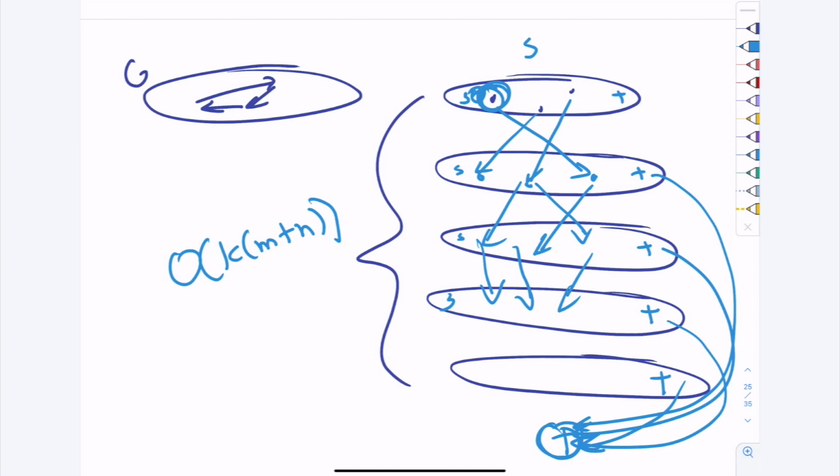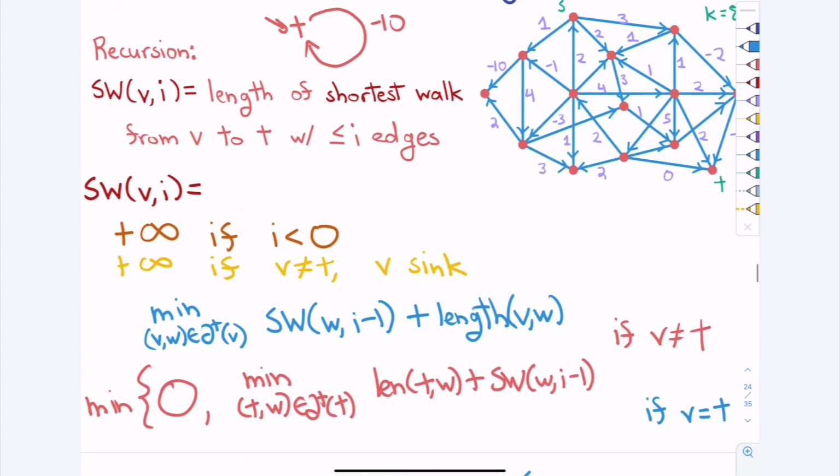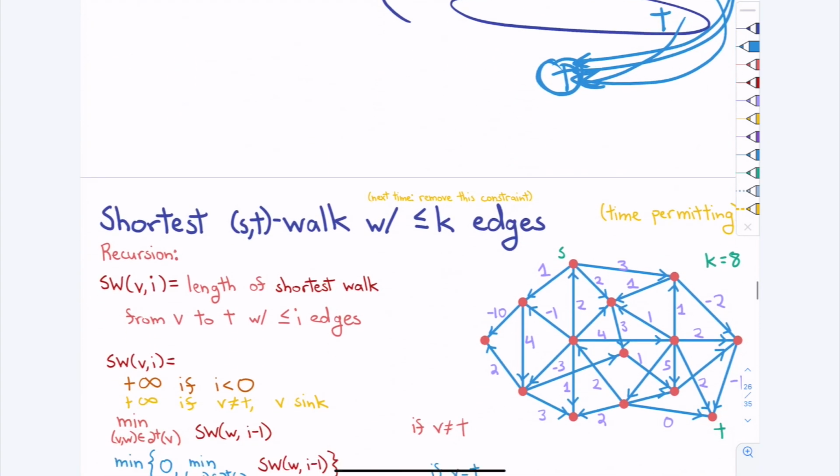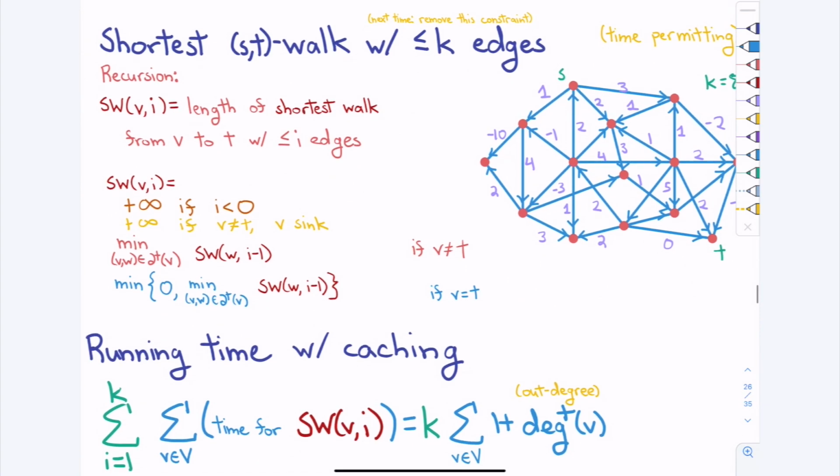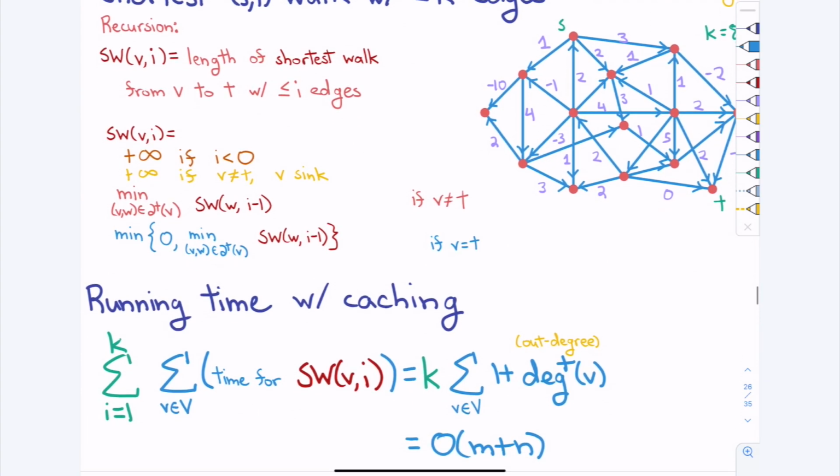But now let me revert back to this recursive approach, which is implicitly very similar. It doesn't actually make the graphs explicitly. It implicitly navigates these layers with the extra index i. V comma i corresponds to V in the ith layer in the other approach. What's the running time? I guess I filled it in already.